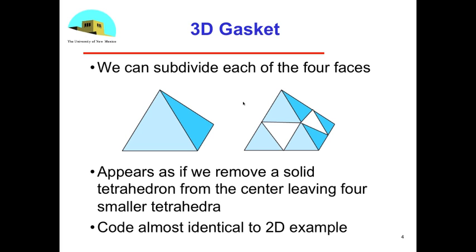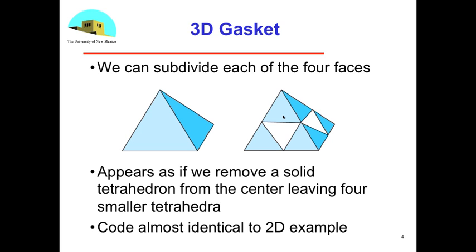When that gets down to 0, we simply render the tetrahedron. So far it looks pretty good. Every time, we're putting 4 vertices into our array by pushing them onto that array, instead of 3 vertices as we did with the Sierpinski 2D gasket.